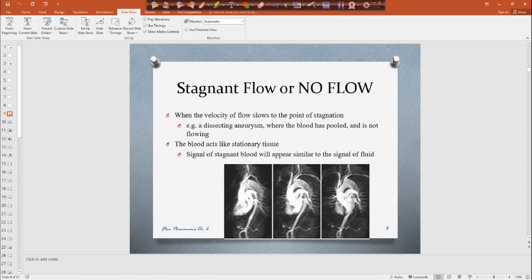It's going to be fluid that's just sitting there, so it's going to be bright on our T2 weighted images. So this is our T2 weighted image here that's fat saturated, and you can actually see flowing blood, but then you have blood that is pooled due to the dissection.